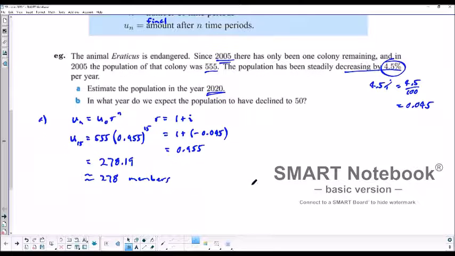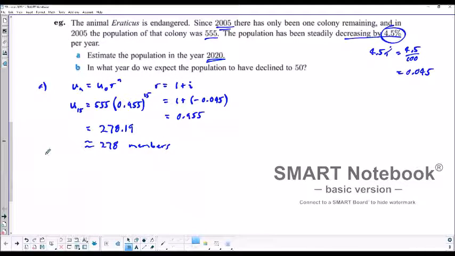Now we're going to find out in what year we expect the population to have declined to 50. That 50 is our final amount, our u sub n. We don't know the value of n at this time, so we substitute 50 as u sub n into the formula. u sub 0 is still 555, and we know the rate of decay is 0.955, but we don't know how many years that's going to take.